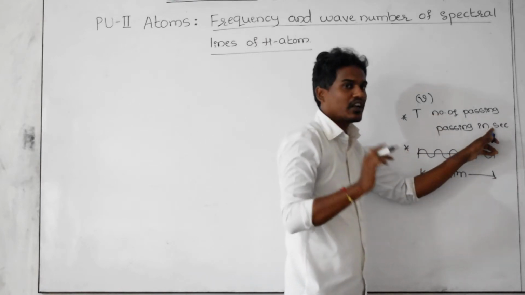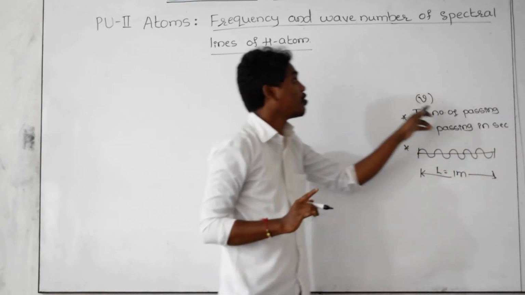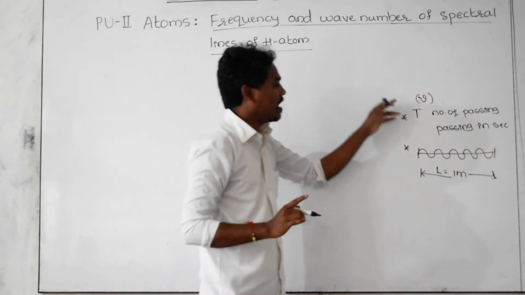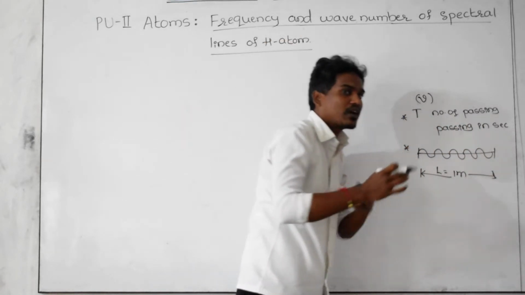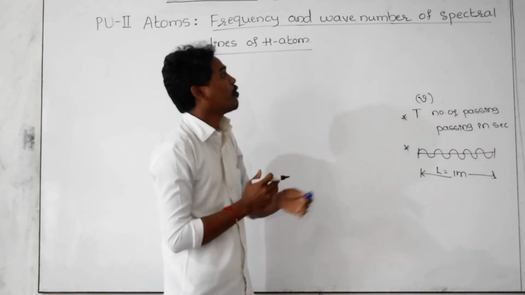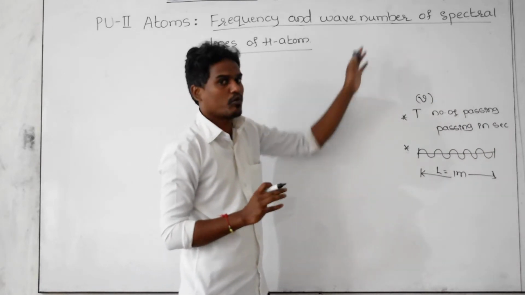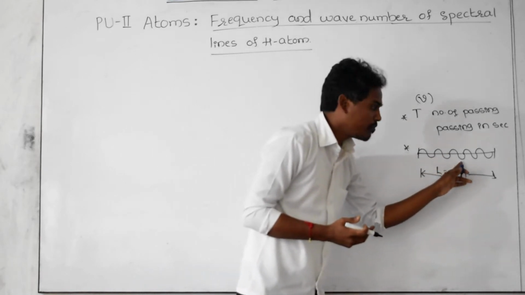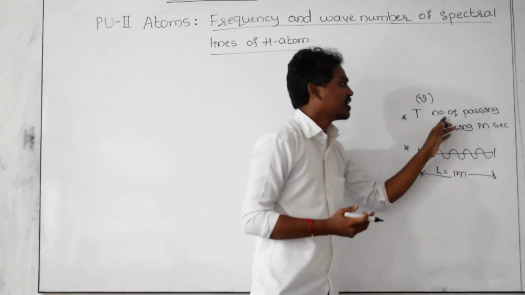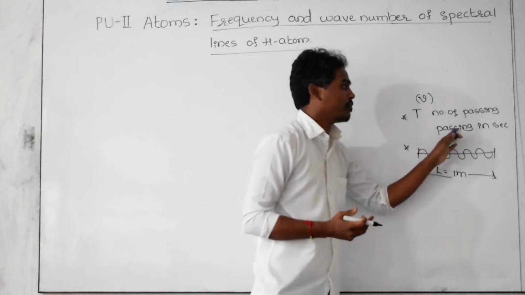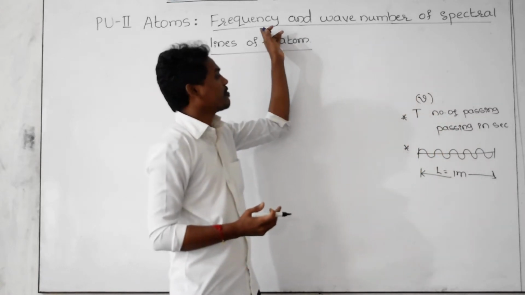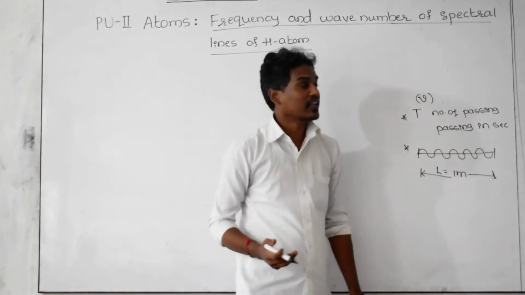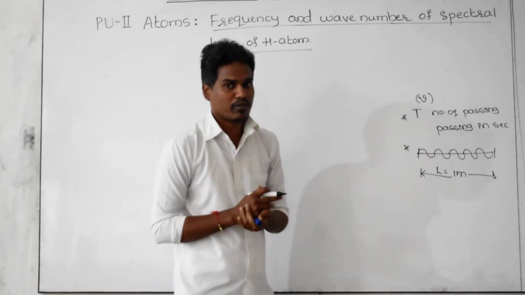In 1 second, the number of the waves passing through the medium is called frequency, and in 1 meter of length, the number of the waves passing through the medium we call wave number. Both are the number of the waves. We are counting the number of the waves with respect to length, and with respect to time. With respect to time, that is frequency. With respect to length, that is called wave number.